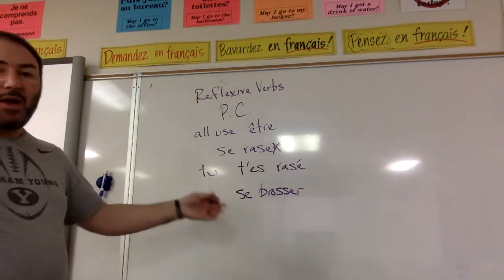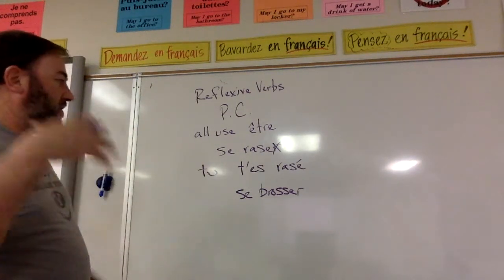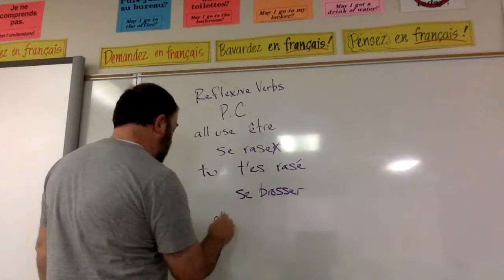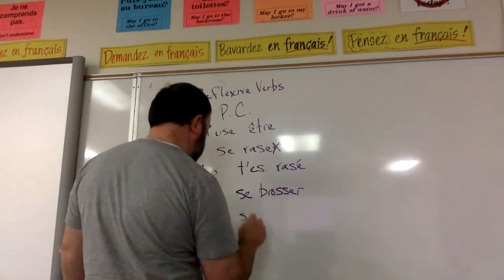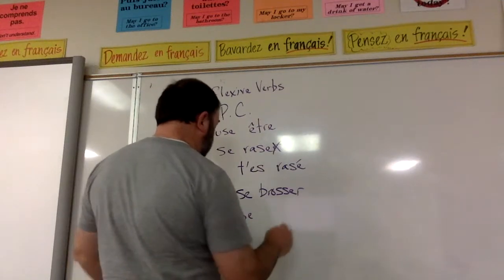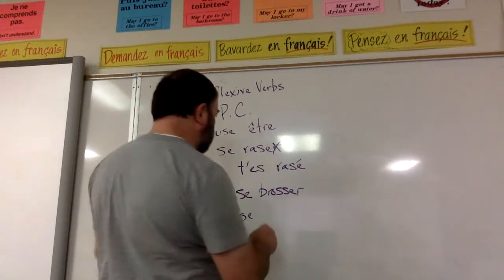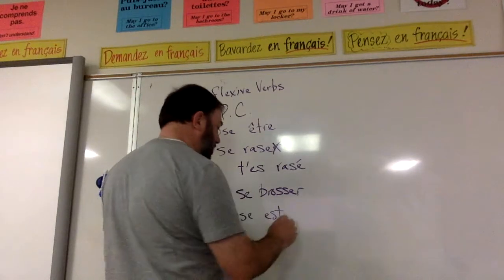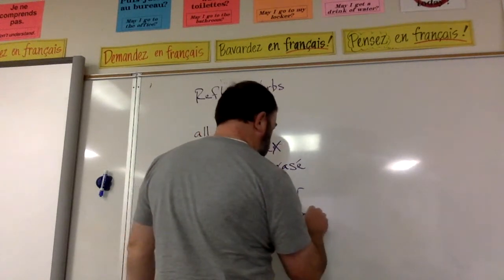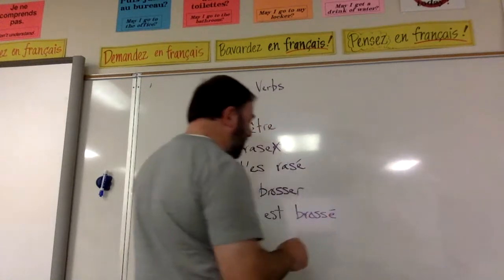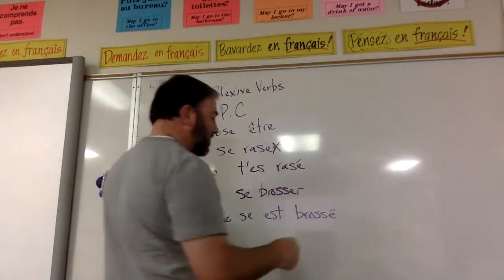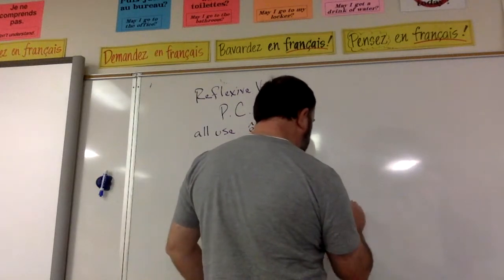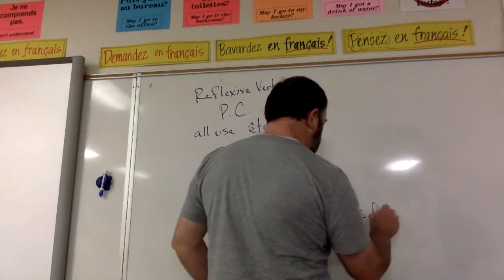We're going to talk about brushing teeth. And we're going to say that she brushes her teeth. So, elle se, and then we use our passé composé, or être, which is a. Brosser, our past participle, we drop the R, put the E accent aigu at the end, and then les dents.